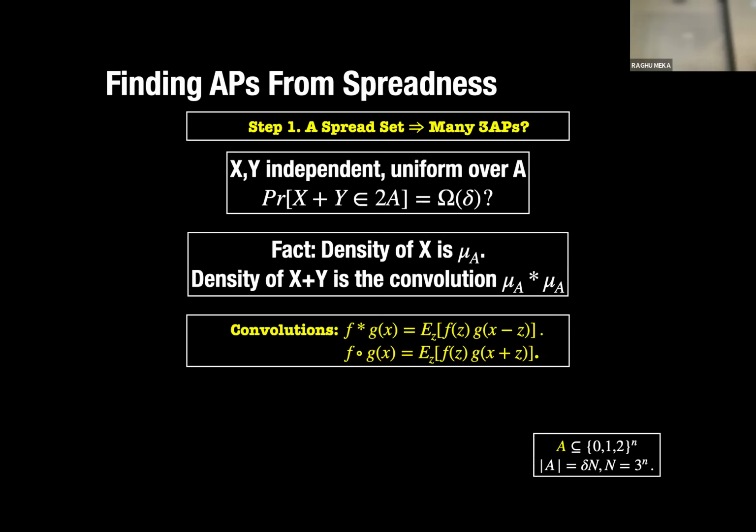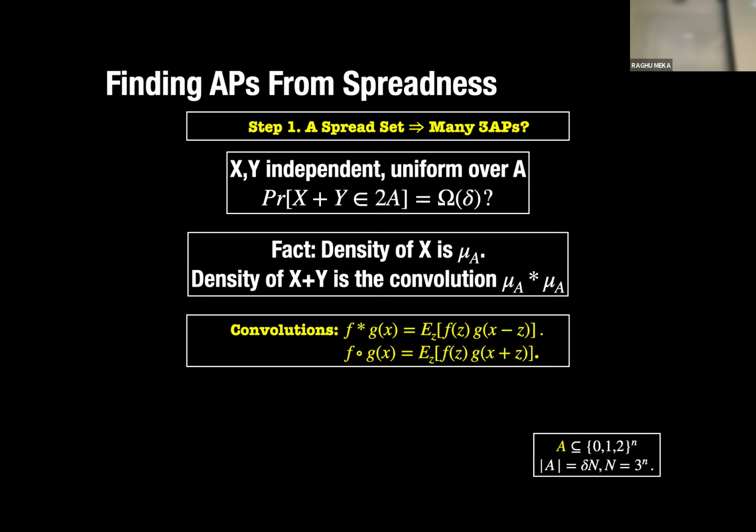If I have two functions f and g, their convolution f star g of x is essentially you draw a random variable z, look at f of z times g of x minus z. So you multiply f and g, kind of the inner product, but only on inputs which add up to x. This is the usual notion of convolution.